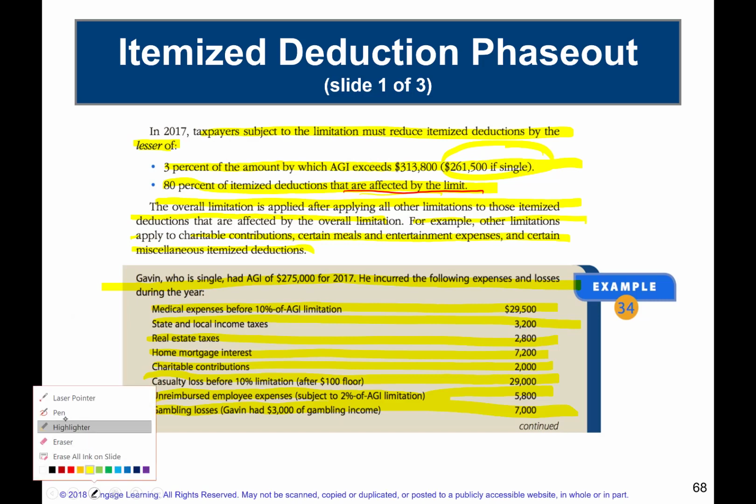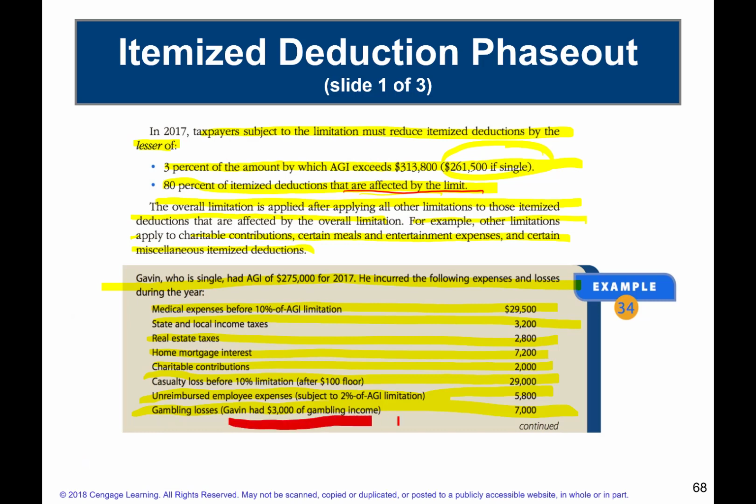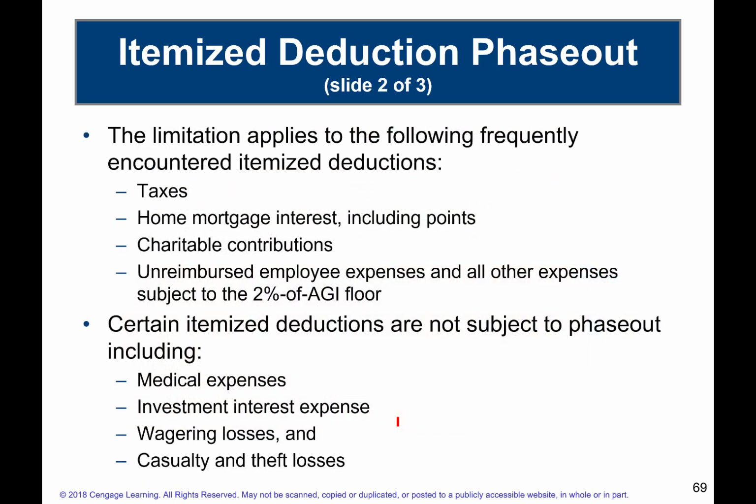So he's going to be limited to those winnings of the 3,000. Okay, we know that. So let's go ahead and take a look at how they are going to categorize these. And the limitation of what you're able to take applies to taxes, home interest, etc., right?